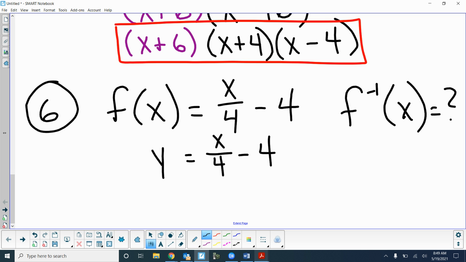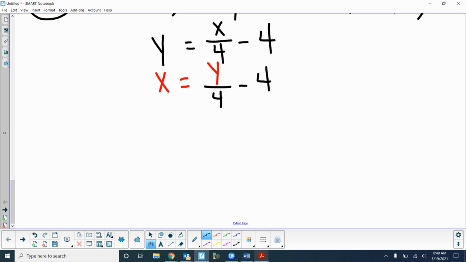We rewrite it as x equals y divided by 4 minus 4. So we switch the x and y, and then we solve for y. So to get y by itself, what do I have to do first? Add the 4.